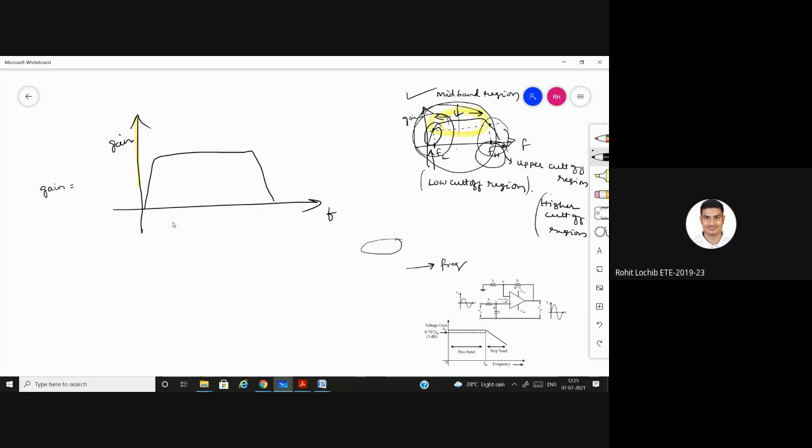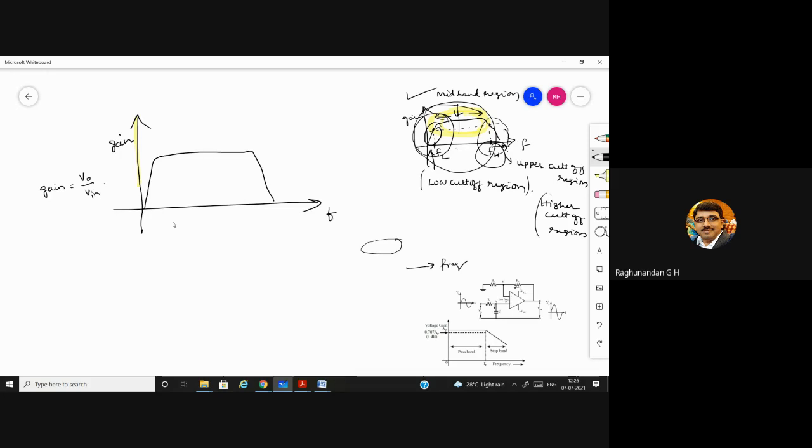If gain is decreasing, what does it indicate? The output voltage is increasing for the input voltage which you are giving. Yes, very good. So if gain is increasing, it indicates that the output voltage is more than the input voltage, because V naught by V in is the formula which we are going to use.